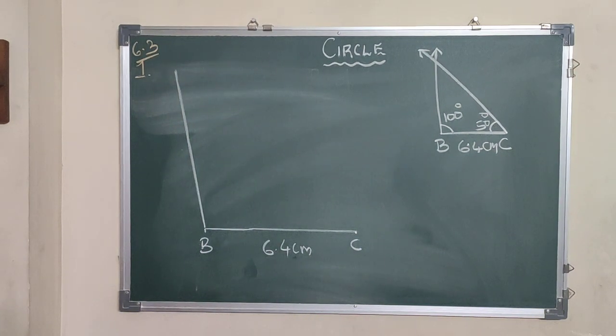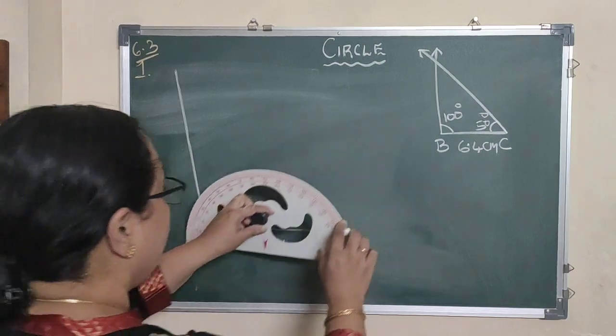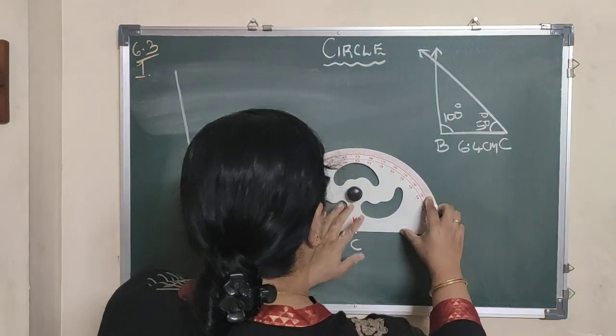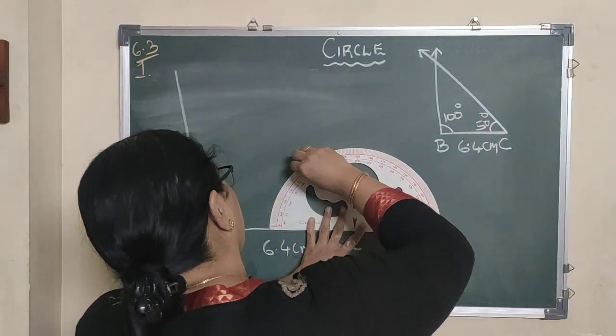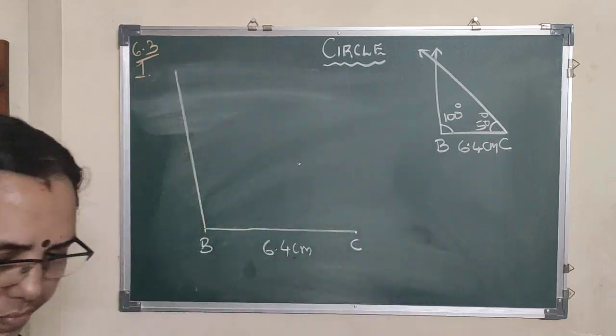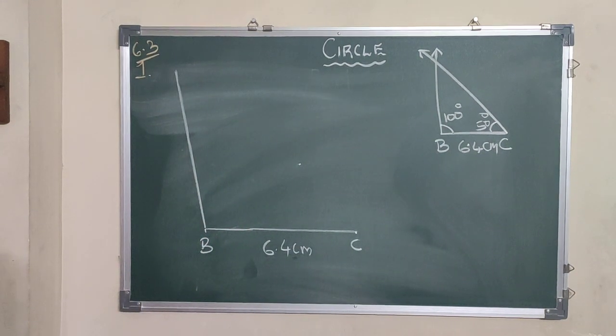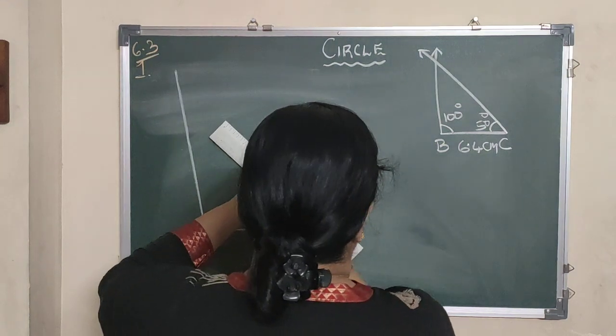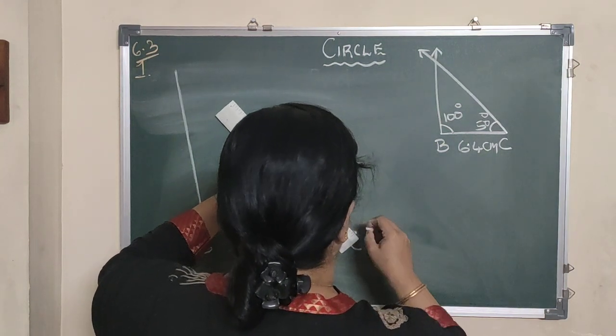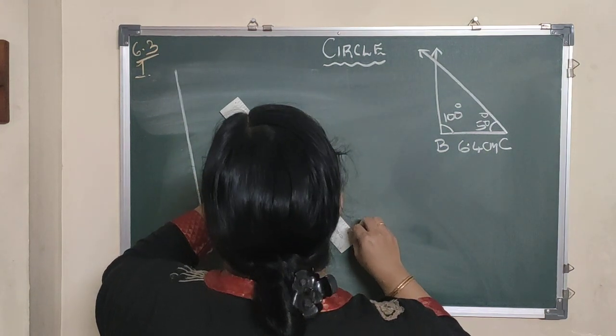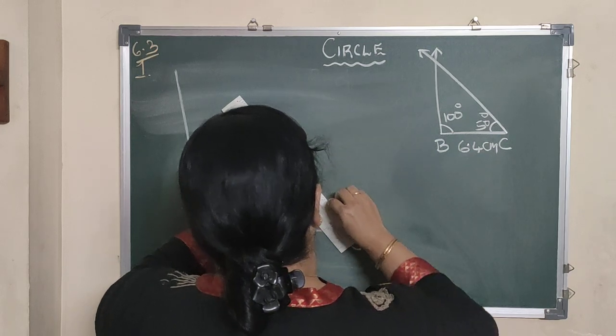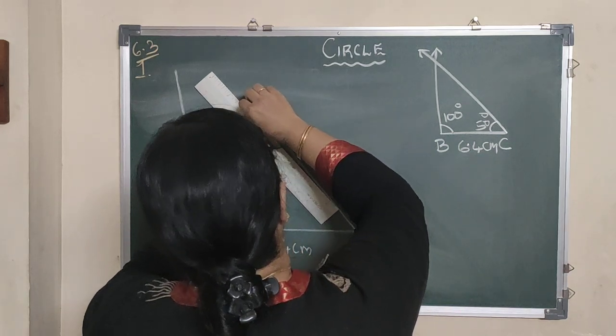That is how we'll finish it fast. Angle C is 50 degrees. Oh, it's going very far.